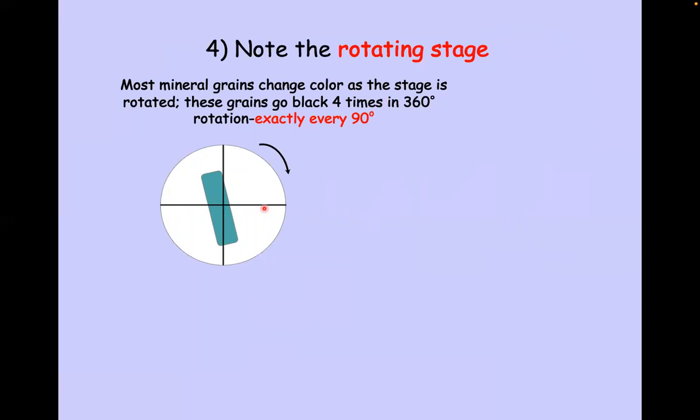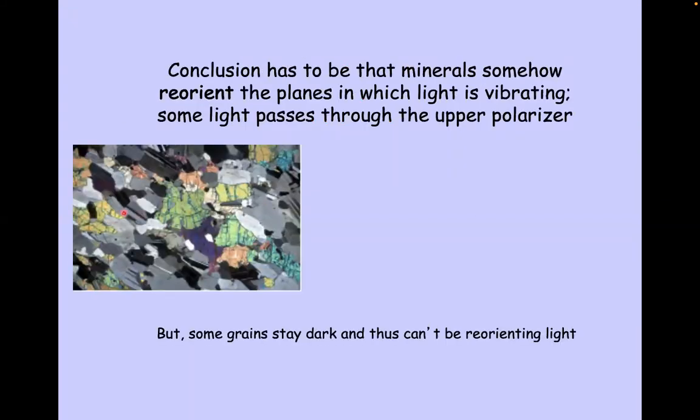Okay, so all the observations that we have already made were under a fixed stage without rotating, but while you observe the sample, you can rotate the stage also. Then you will see the colors you observed will change. Even under PPL or CPL, no matter, the colors can change while you rotate the stage.